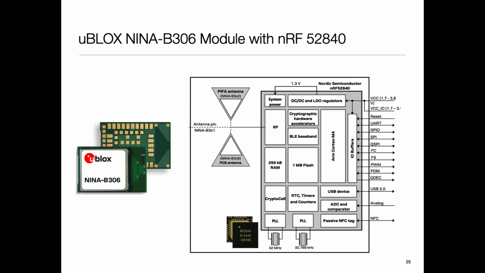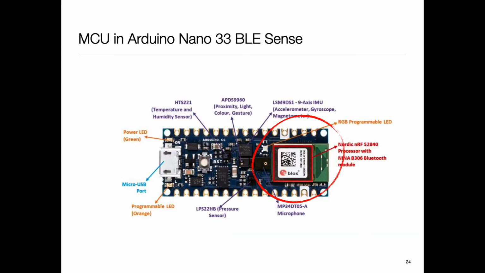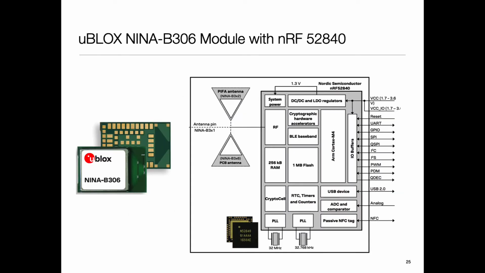Part of its power comes from this block on the right hand side, which is from a company called u-blox. It's a module which has a processor in it and an integrated antenna. This nRF52840 is from a company called Nordic, and it is one of the chips which has an ARM Cortex M3 or M4, I forgot.